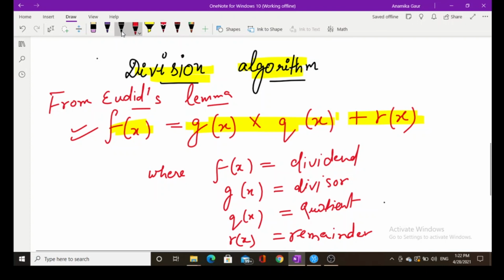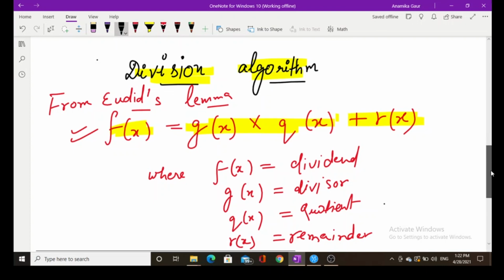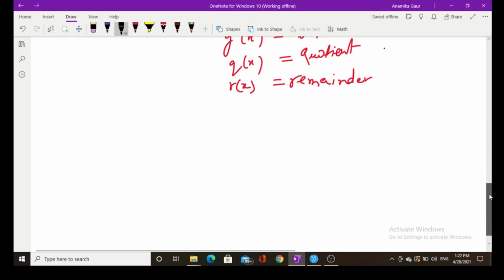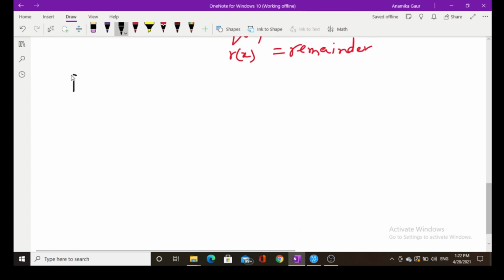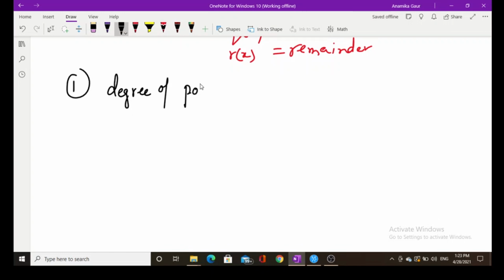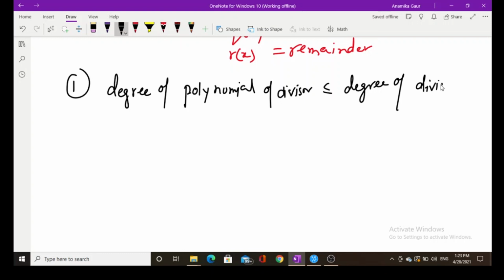Now we will discuss the conditions of the division algorithm. Condition number 1 is that the degree of the polynomial of the divisor should always be less than or equal to the degree of the dividend. This is point number 1.